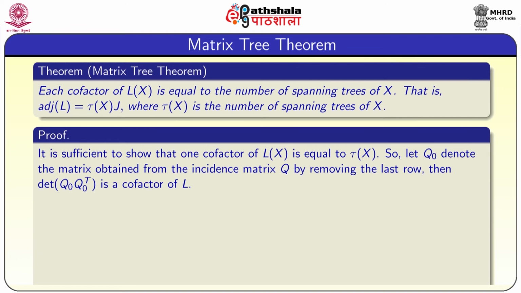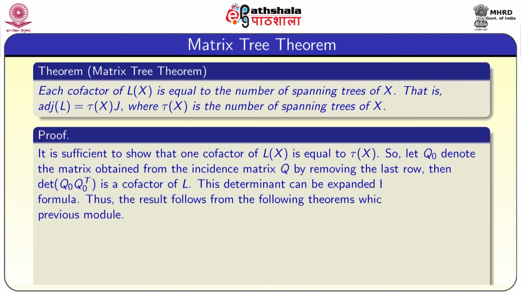So, let Q naught denote the matrix obtained from the incidence matrix Q by removing the last row. Then the determinant of Q naught times Q naught transpose is a cofactor of L. This determinant can be expanded by using the Cauchy-Binet formula.